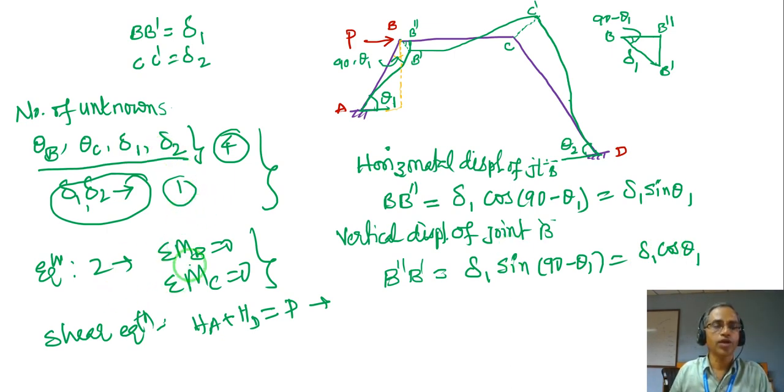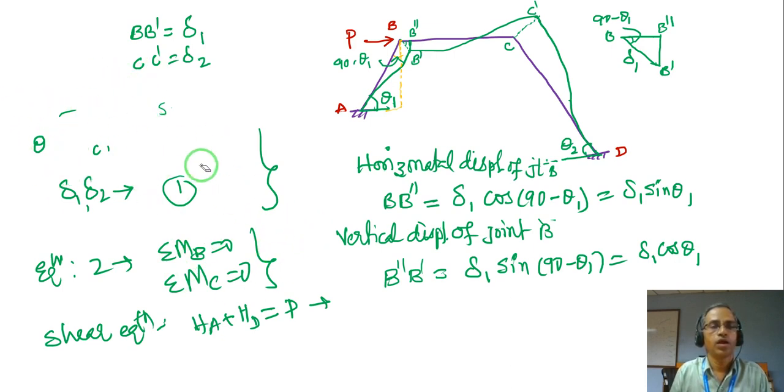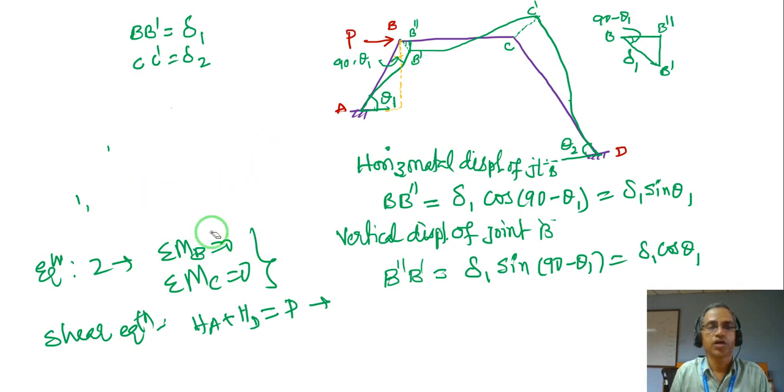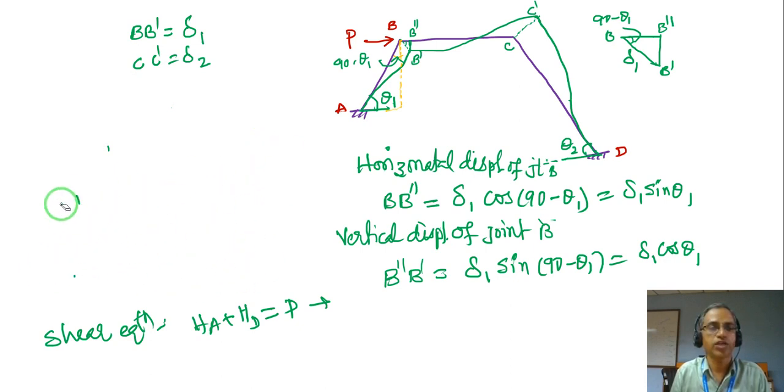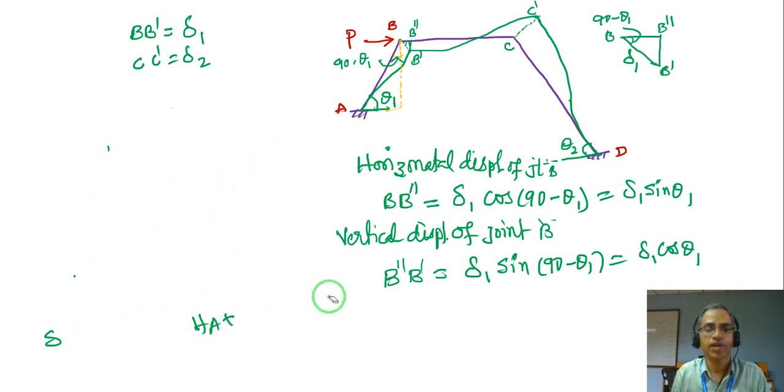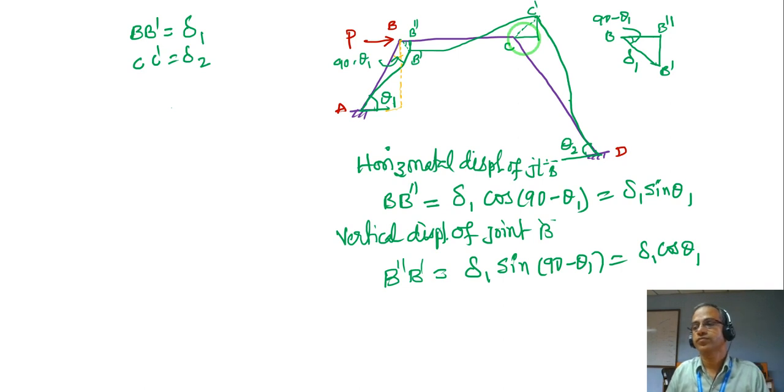Now let us look at the other side at joint C. What happened at joint C? At joint C, if I drop from C dash vertically like this and make a horizontal here, now see what happens.